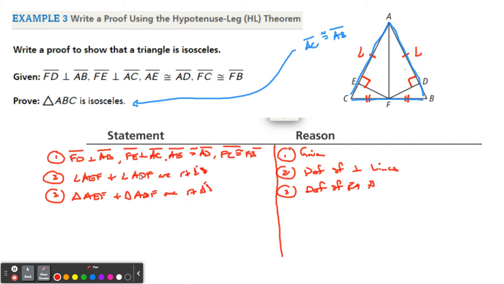So these two triangles at the top here, can we prove that the hypotenuses are congruent? Well, the hypotenuse of these top two triangles is AF, the shared side. So segment AF is congruent to itself. I believe if you recall, we did that in the angle side angle section. This is the reflexive property.